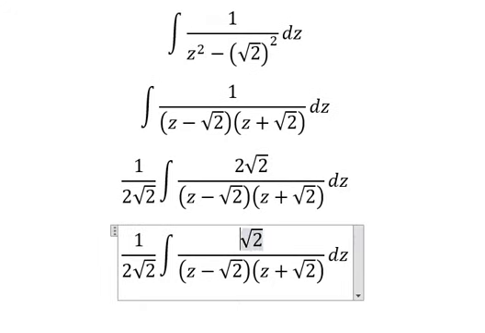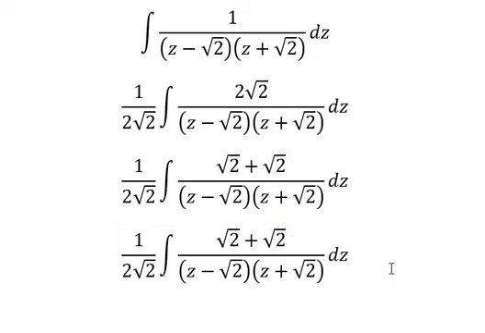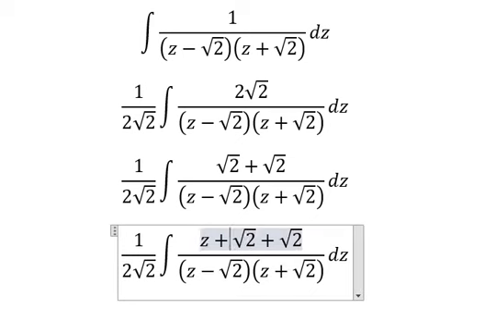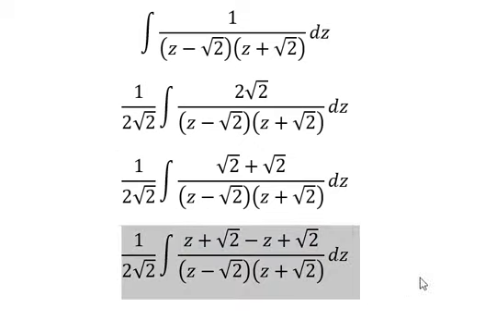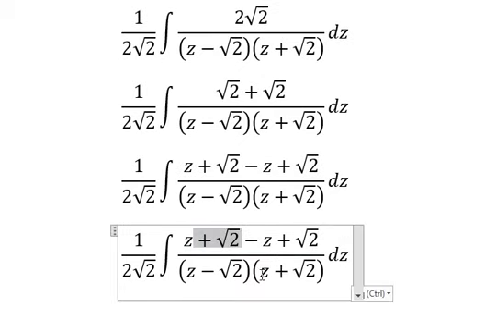So this one we have the square root of 2 plus the square root of 2. Next, I will put z in here. Later, we need to minus z. So this one divided by this one, and this one we can factorize by negative number 1.